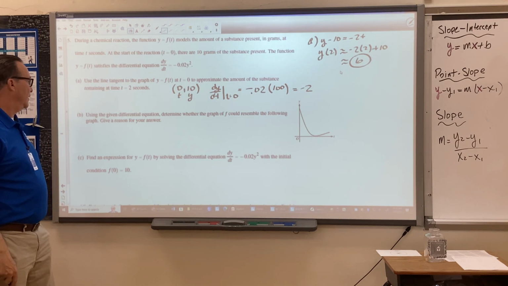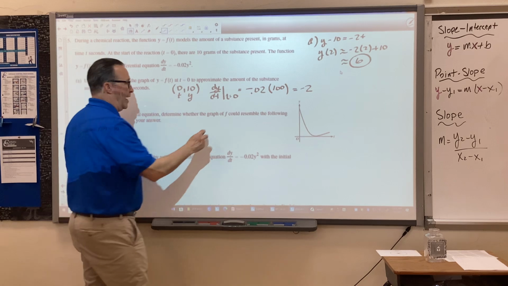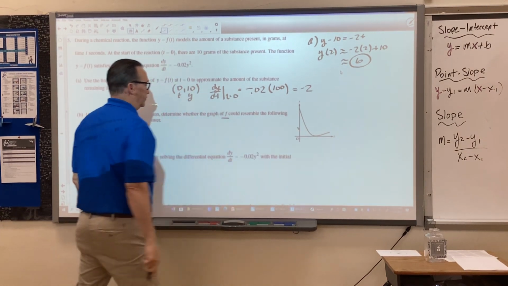B, using the given differential equation, determine whether the graph of f could resemble the graph shown.